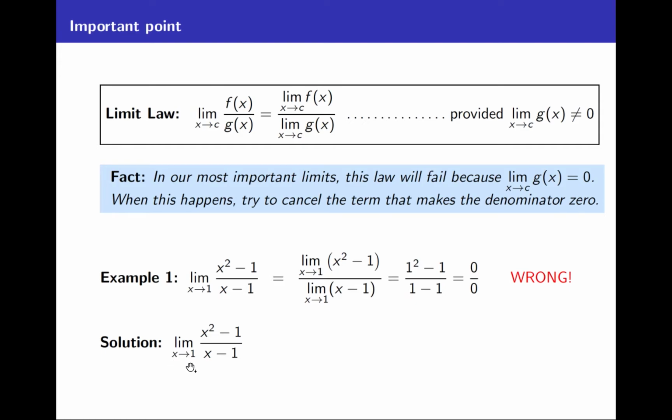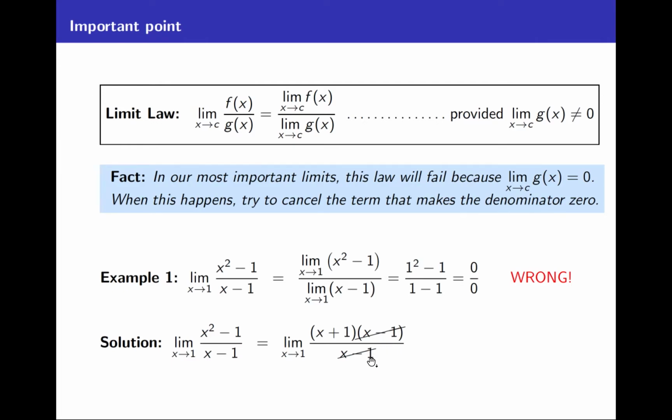We have the limit as x approaches 1 of x squared minus 1 over x minus 1. And the idea here is try to factor before we work out the limit. The numerator factors as a difference of 2 squares, x plus 1 times x minus 1. And then the x minus 1's cancel.